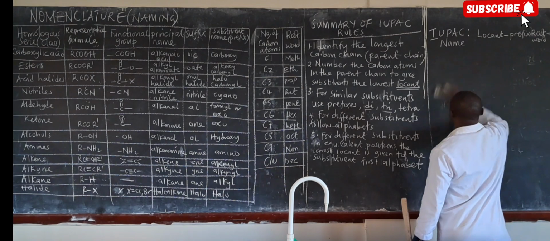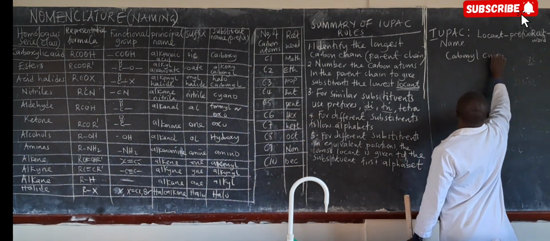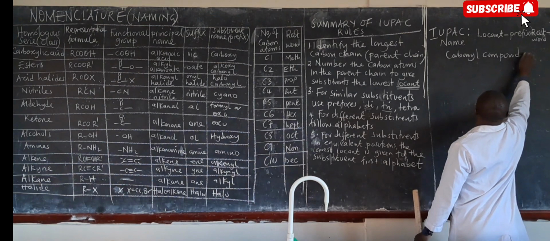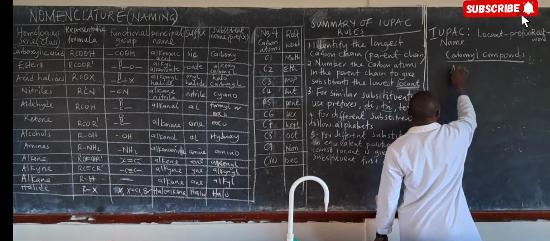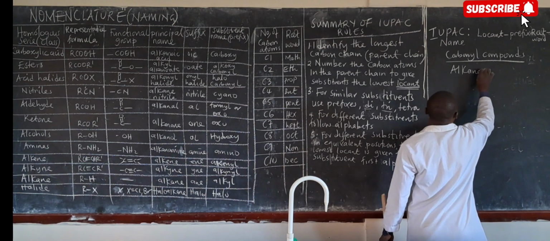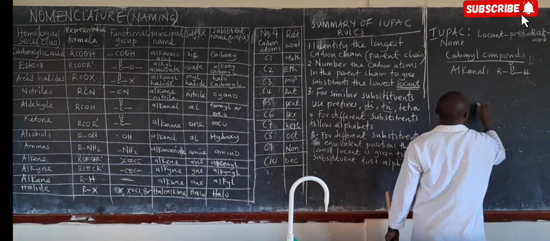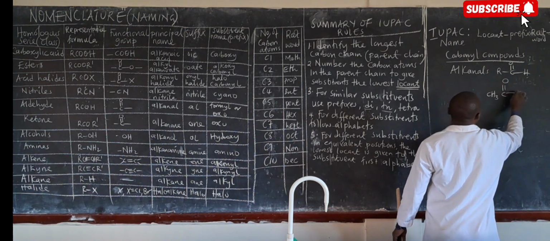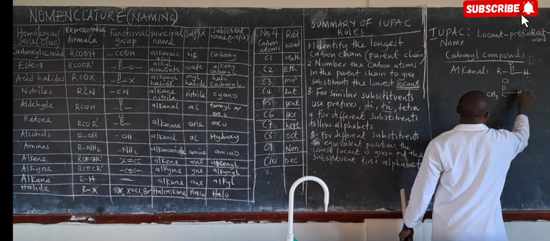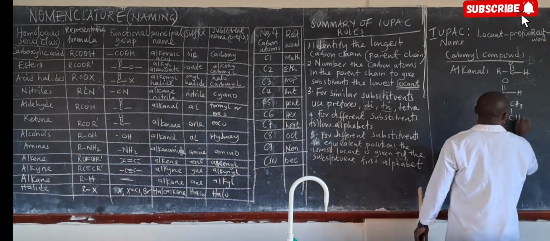Let's dive into carbonyl compounds here. Those carbonyl compounds, we say they are divided into alkanals, whose structure ends with a hydrogen, such as maybe let's have this. This is an alkyl group. So we can have this one ending here, and have another chain like this.